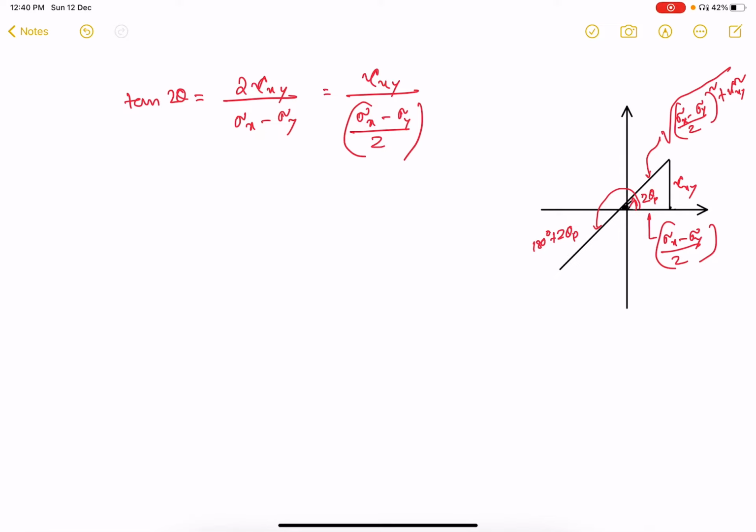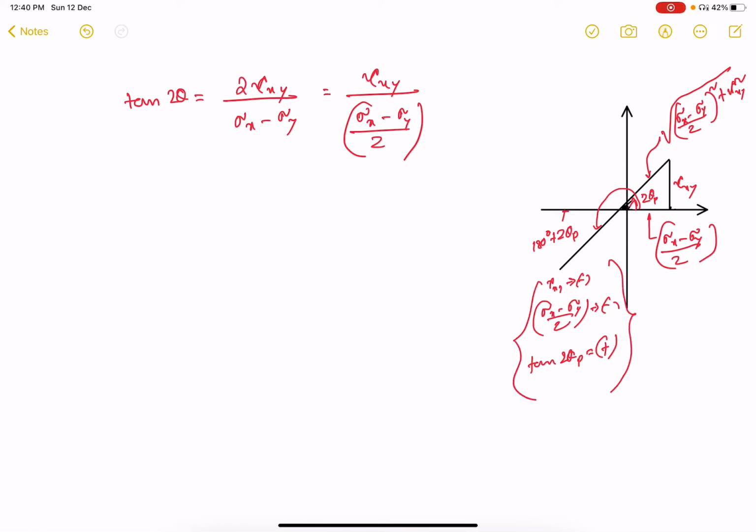I will explain: here you will get tau xy negative and (sigma x minus sigma y) divided by 2 also negative, because of this negative, tan 2θp will be positive in this quadrant.